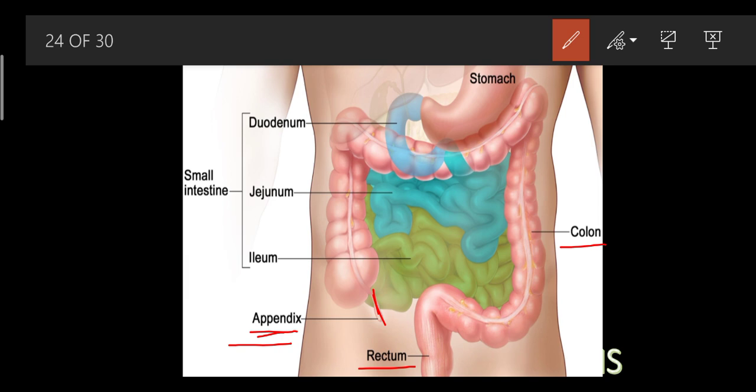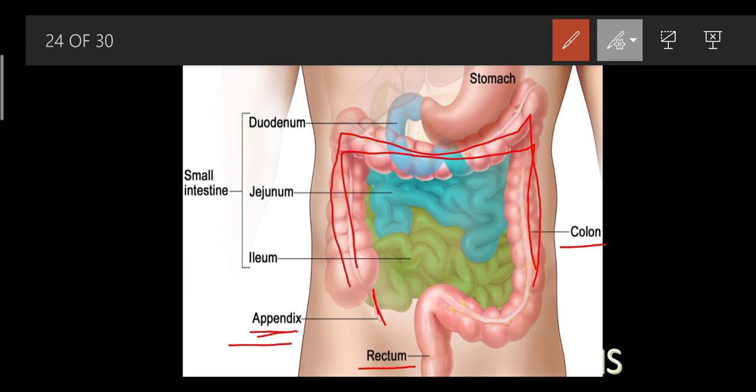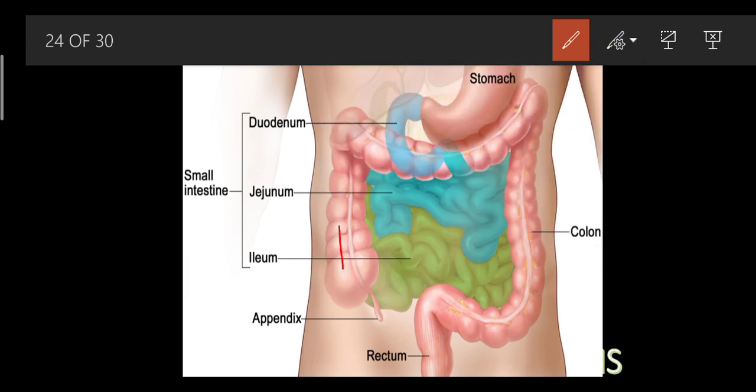Then the second structure is called the colon. What is the colon? This is the appendix, and this is the colon part. The part which travels up is called the ascending colon.